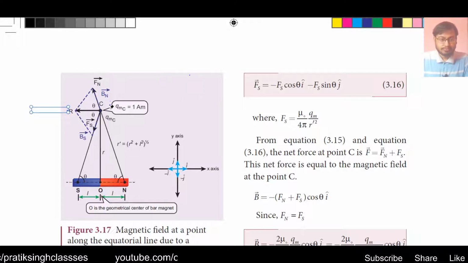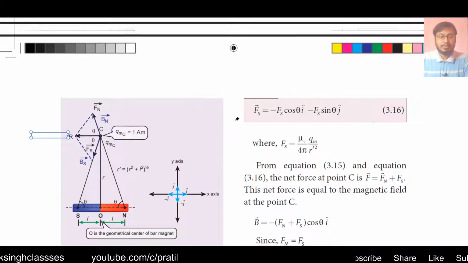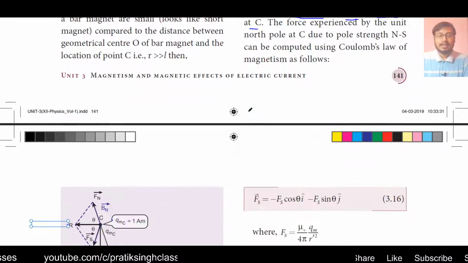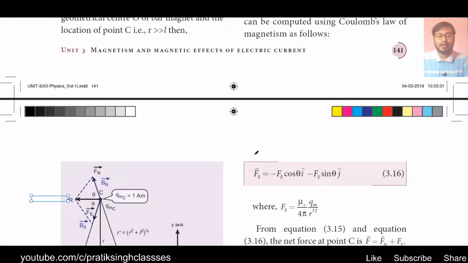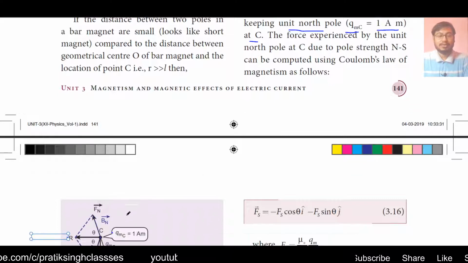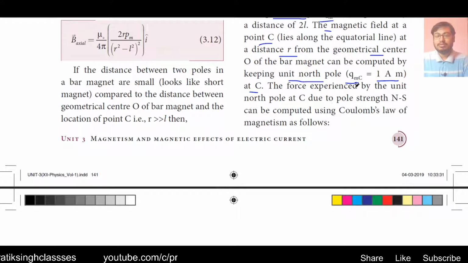Now coming back to the theory of the book. Always remember that at point C we have a unit north pole magnet, which has the value Qm equal to 1 ampere meter.